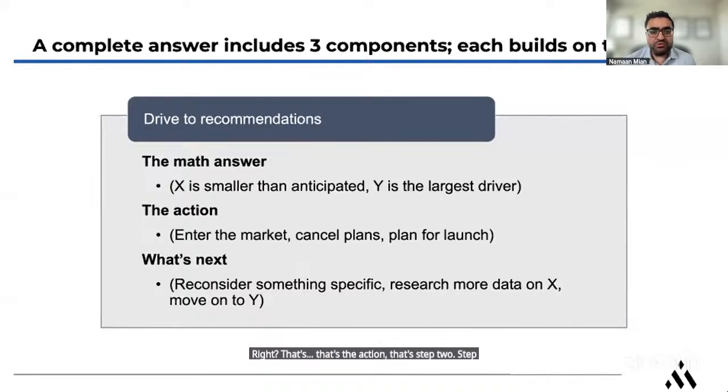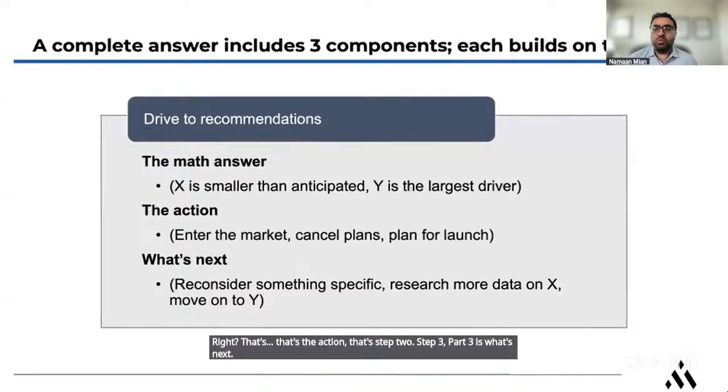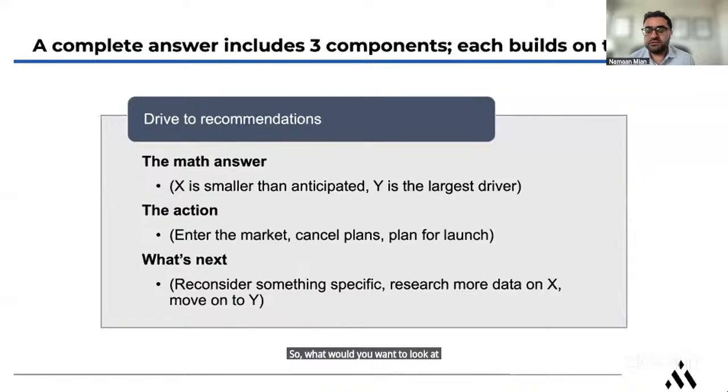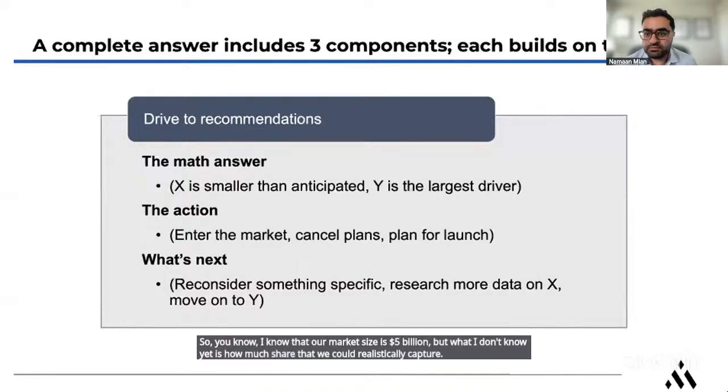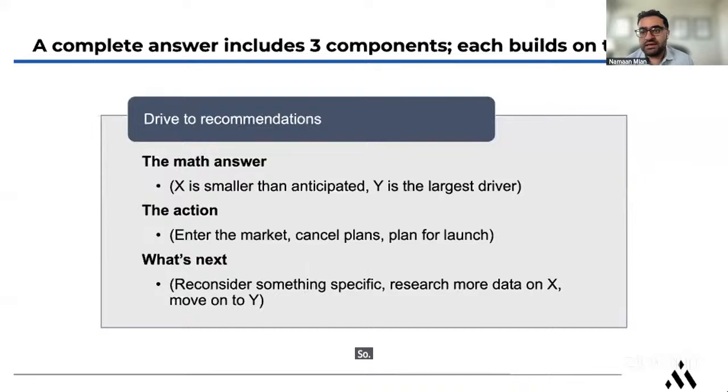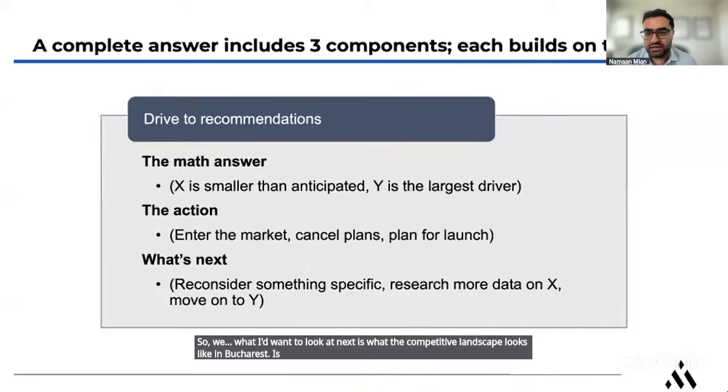Step three, part three is what's next. So what would you want to look at next to either validate or redirect the action that you just gave? So, I know that our market size is $5 billion, but what I don't know yet is how much share that we could realistically capture. So what I'd want to look at next is what the competitive landscape looks like in Bucharest. Is it a fragmented or a consolidated market?